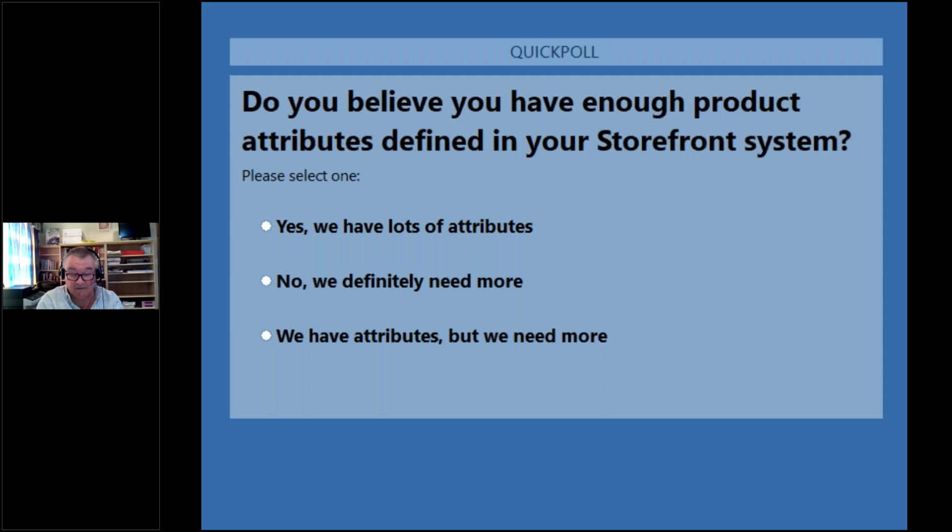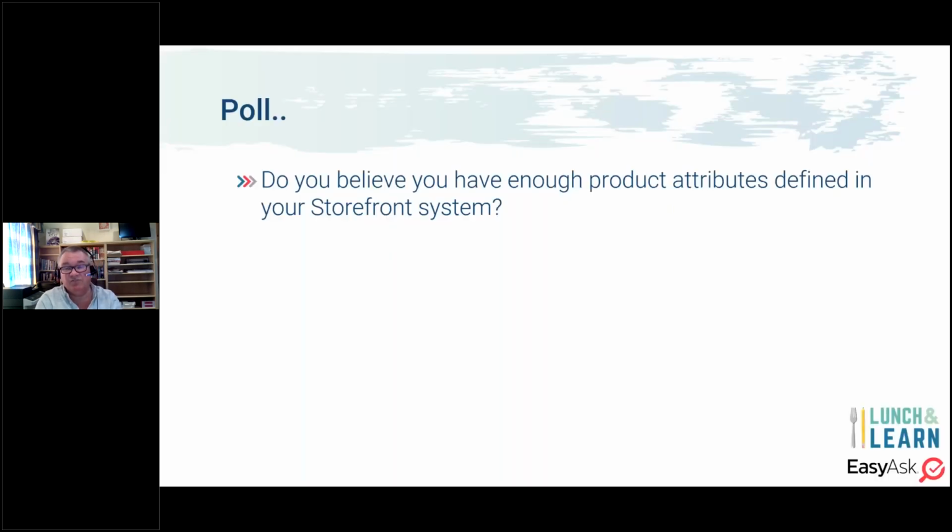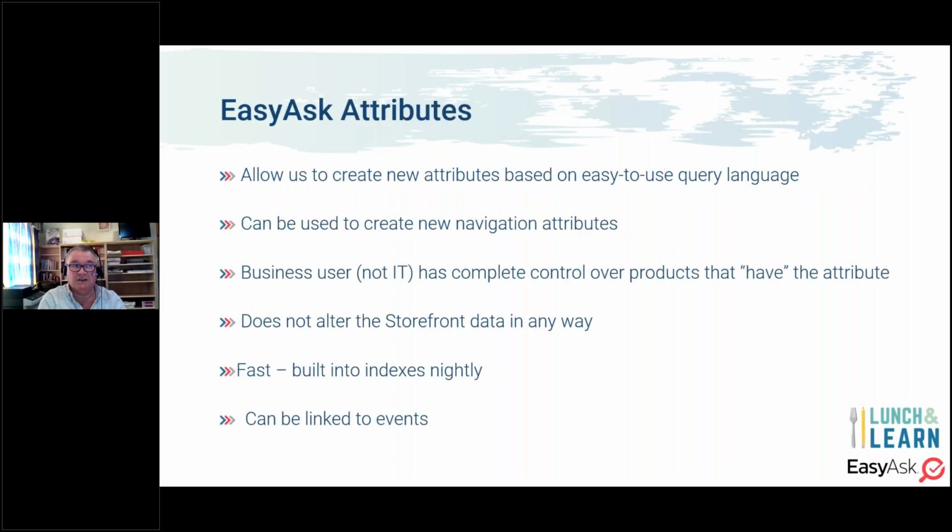Okay, well that's good, because if you don't have enough attributes, don't despair, because if you're using EasyAsk, which you probably are, then you can create them, and we're going to look at various ways in which you can do that. So let's look at what EasyAsk attributes give you. So firstly, they allow us to create new attributes that are based on an easy to use query language.